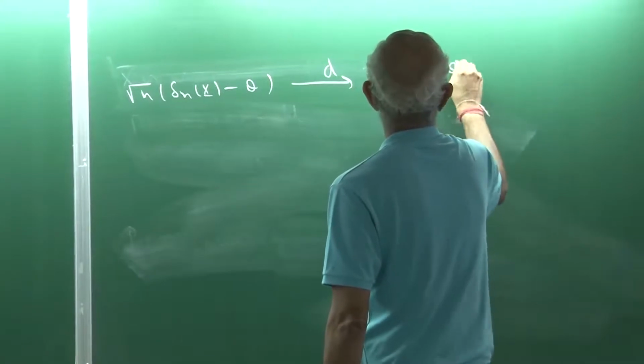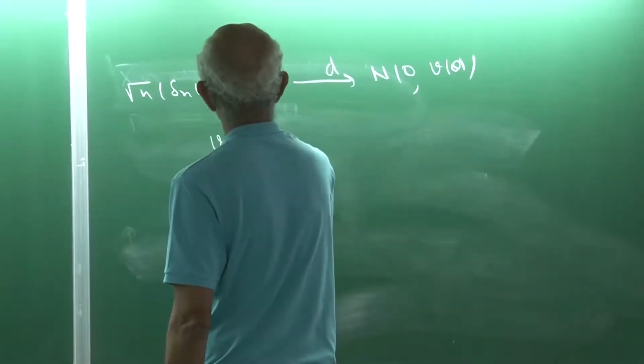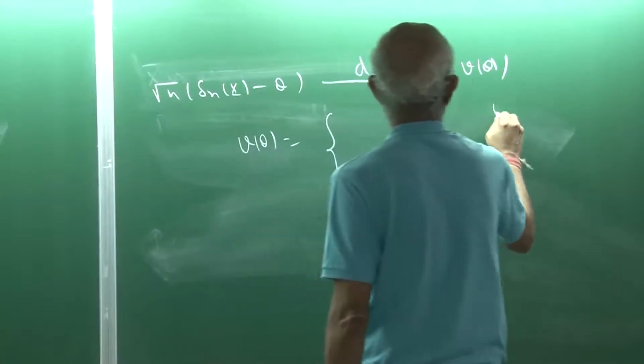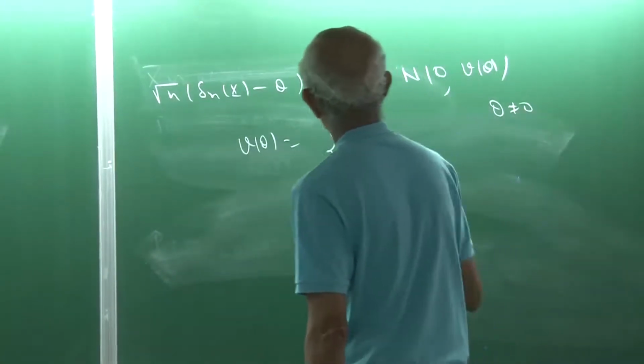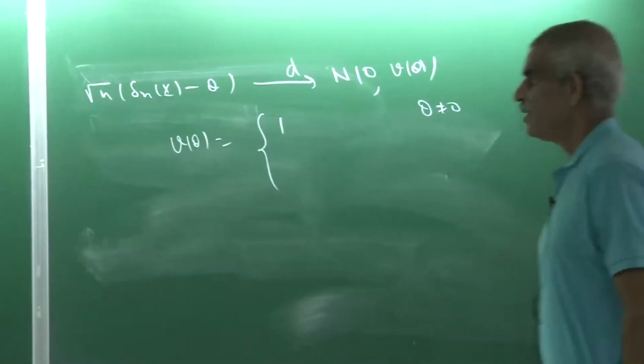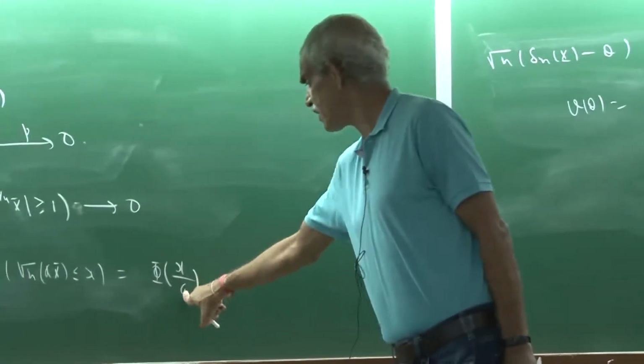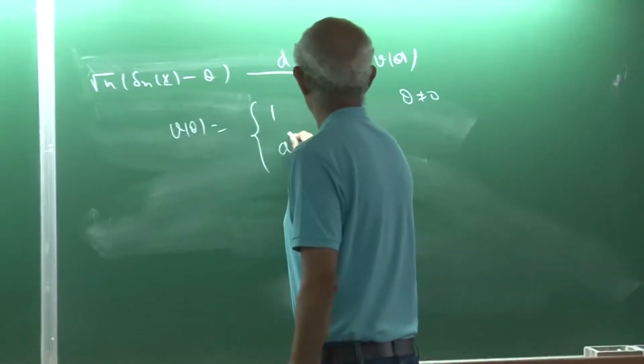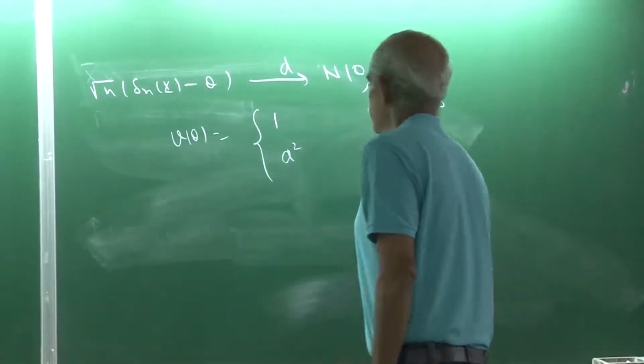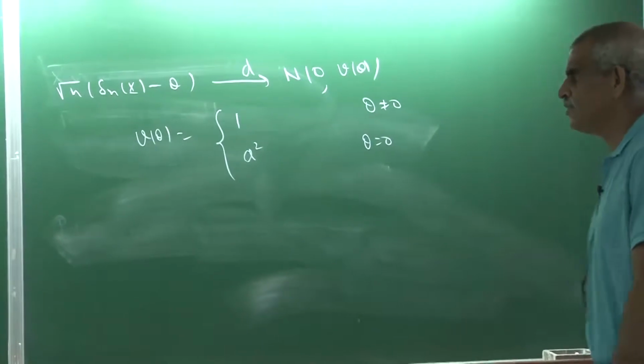0, v theta. And what is your v theta? V theta we have seen: if theta is not equal to 0, this is 1. And when theta is 0, the mean is 0 and the variance is a square. My a is between 0 and 1.